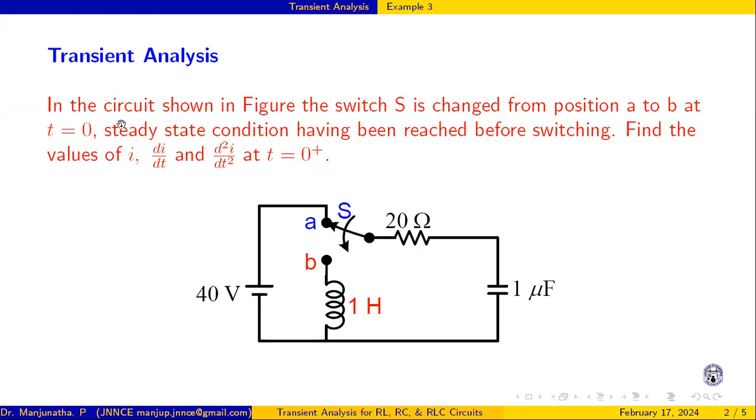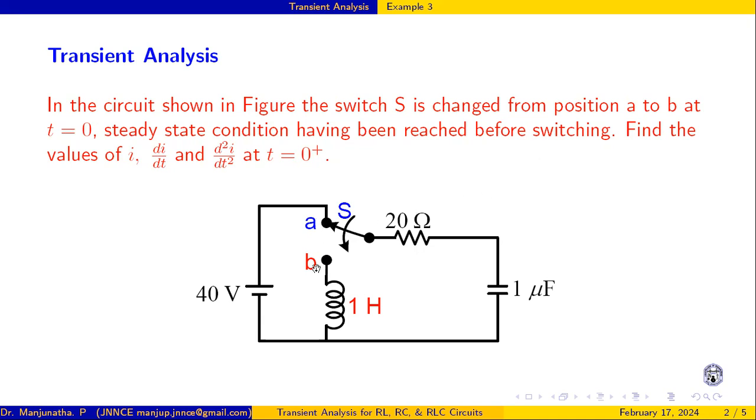Consider this case. In the circuit shown in the figure, switch S is changed from position A to B at t is equal to 0. Steady state condition has been reached before switching.